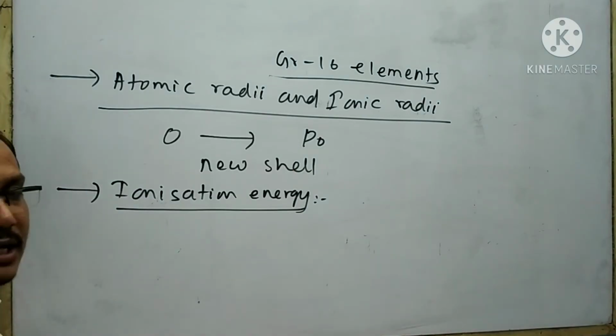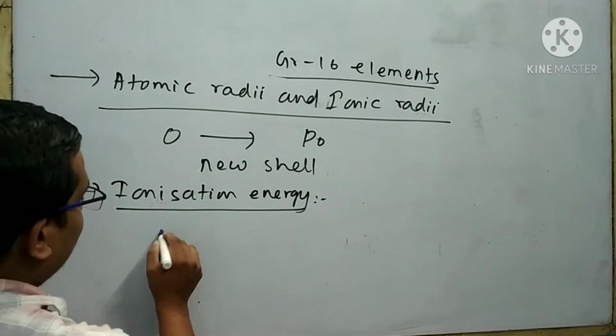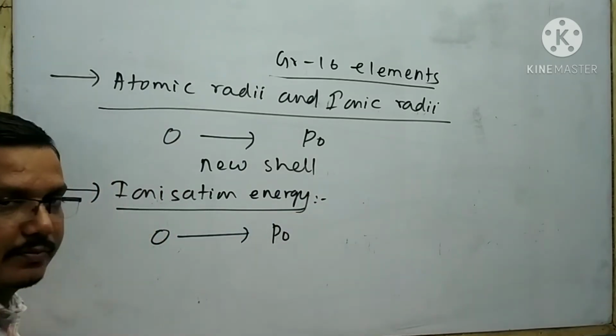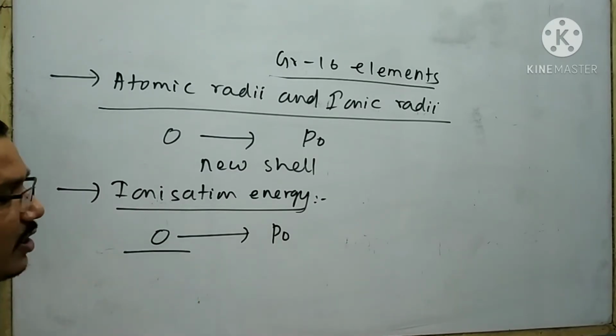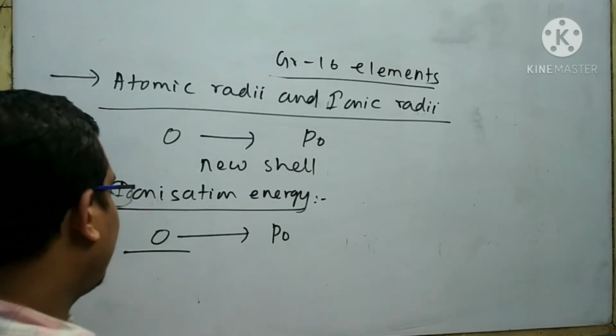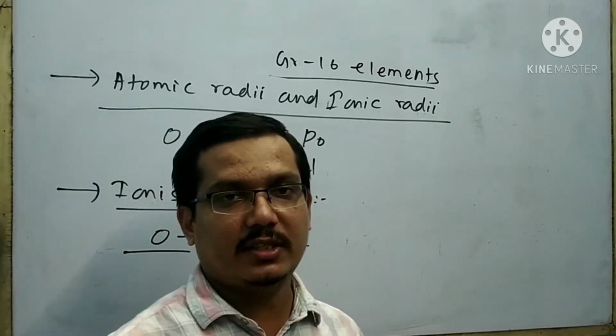The ionization energy of group 16 elements goes on decreasing from oxygen to polonium. That means oxygen has the highest ionization energy. On the other hand, polonium has the lowest ionization energy.